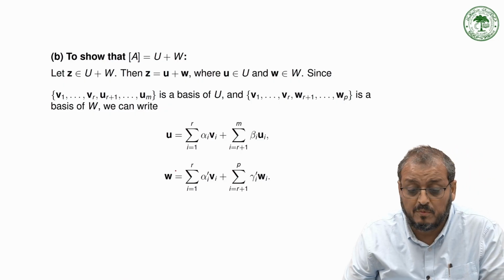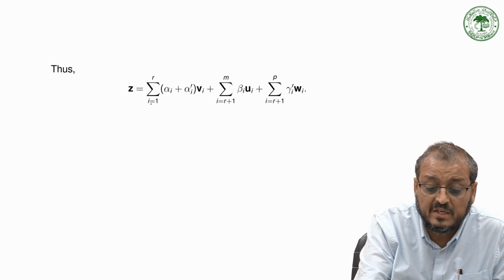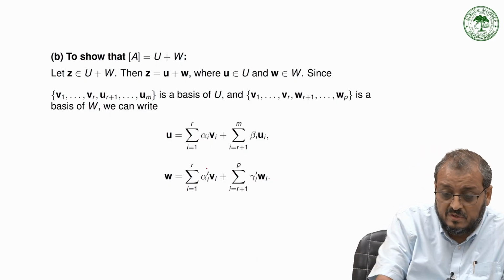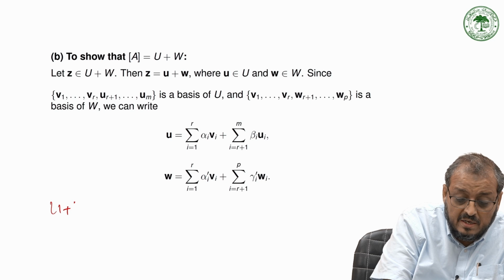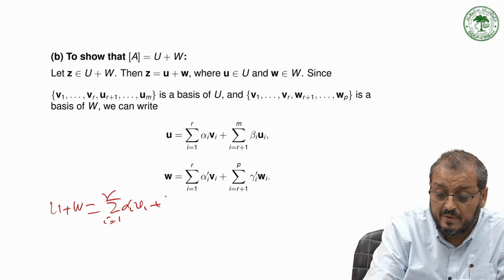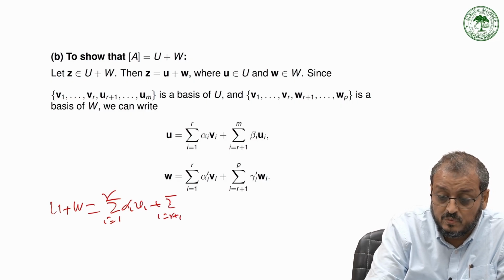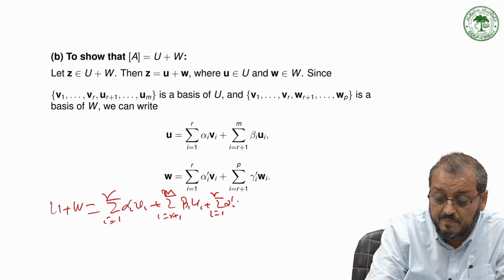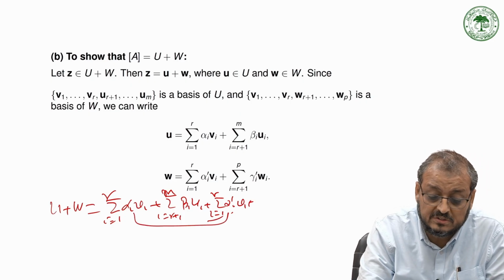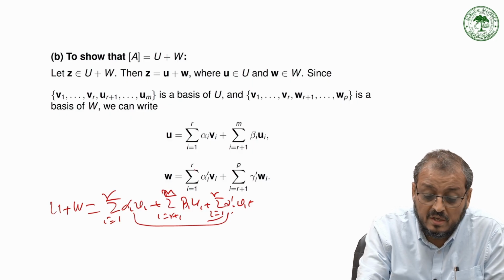Now we can write what u plus w is. So u plus w is equal to the sum of i running 1 to r of alpha i Vi, plus the sum of i running r plus 1 to m of beta i Ui, plus the sum of i running 1 to r of alpha i prime Vi, and then we combine all the elements of Vi together, because the sum is over the same range.